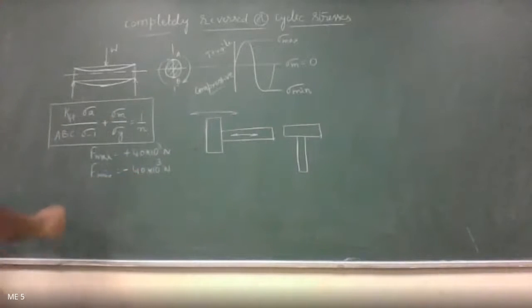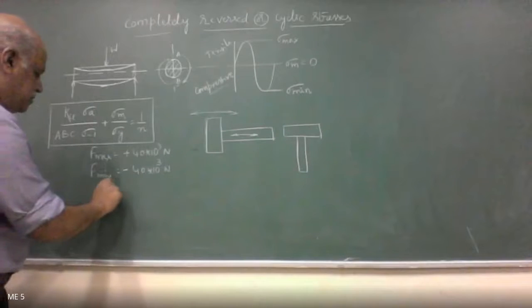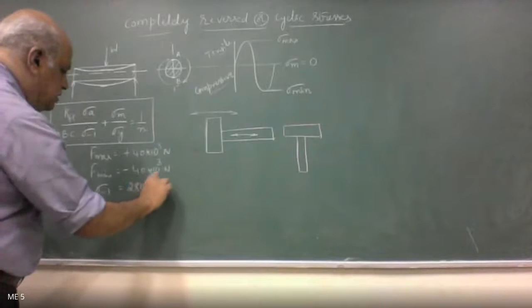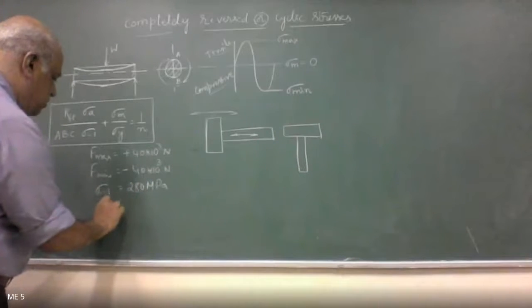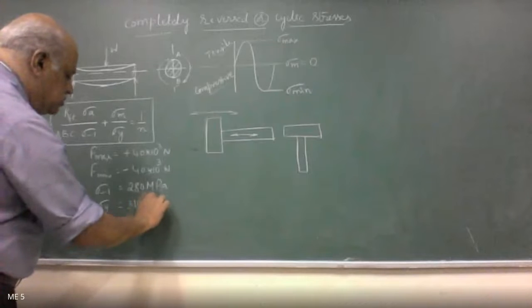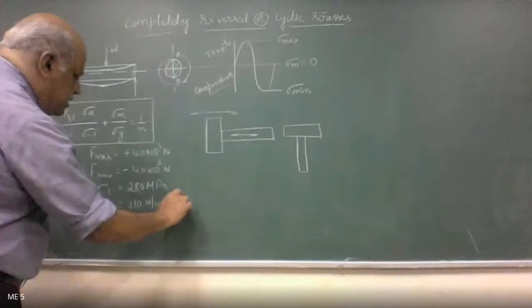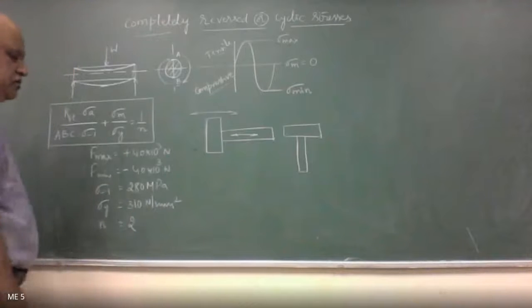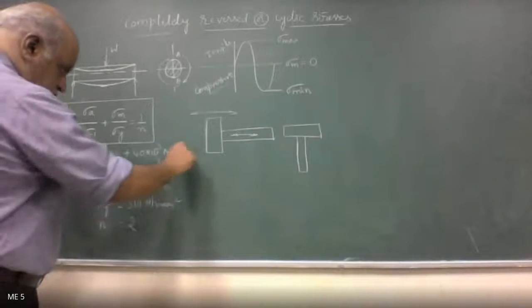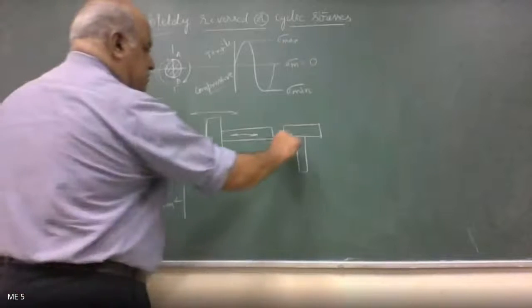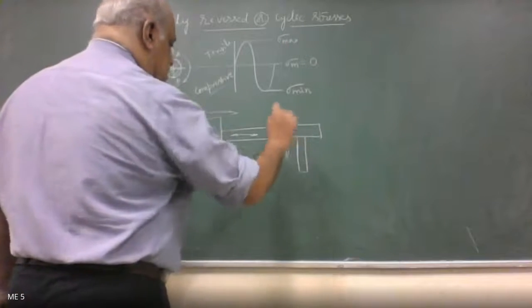The endurance strength given in the problem is 280 megapascal, the yield strength of the material of the rod is 310 Newton per mm square, and the factor of safety to be considered is 2.